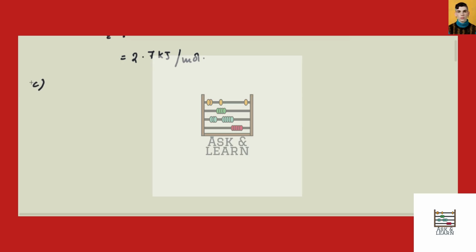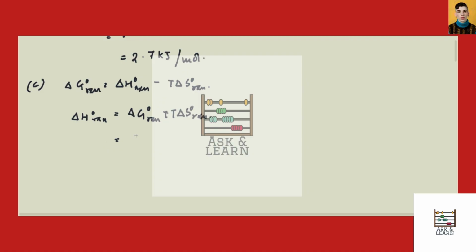And use the relation delta G naught reaction is equal to delta H naught reaction minus T delta S naught reaction to calculate delta H naught reaction at 373. So delta H naught reaction is equal to delta G naught reaction plus T delta S naught reaction.